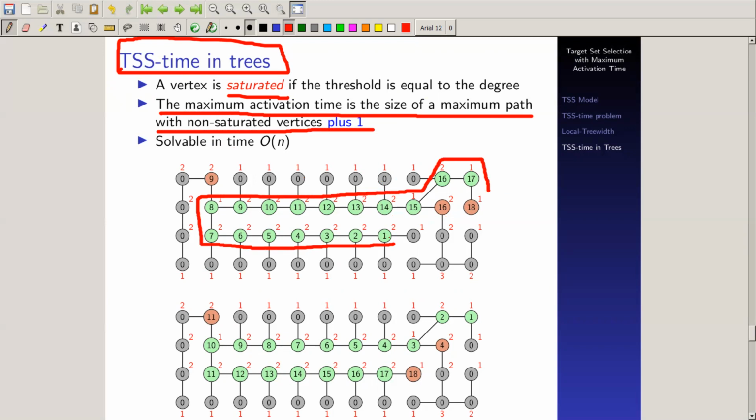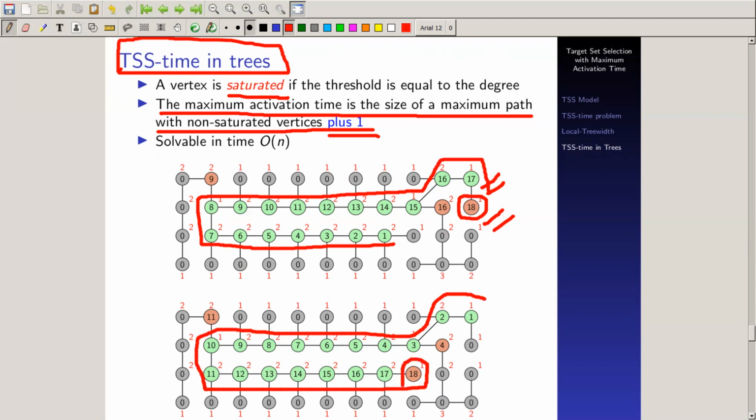Okay, these green vertices are non-saturated vertices. This is the maximum path with non-saturated vertices plus 1. We prove that the path can always end at a saturated vertex. So we have plus 1 here. So this path has 17 vertices plus 1, 18. We could also show that in this other direction, we obtain the same time, 18.